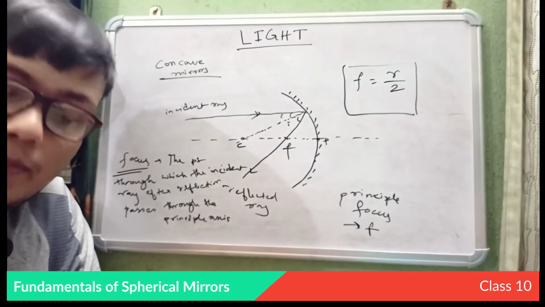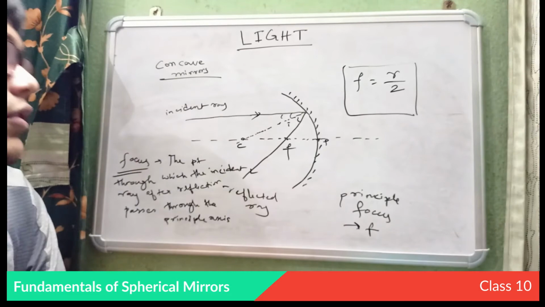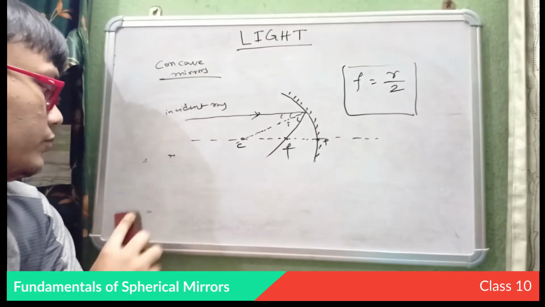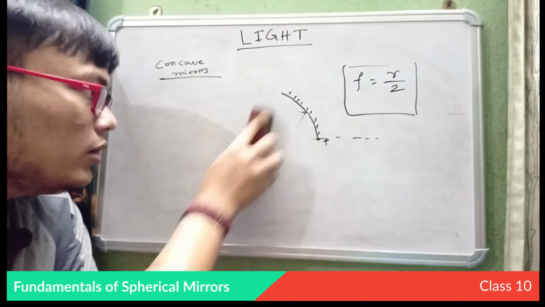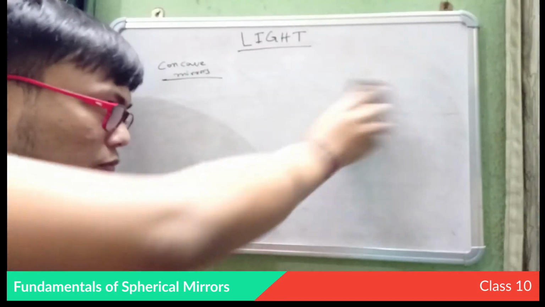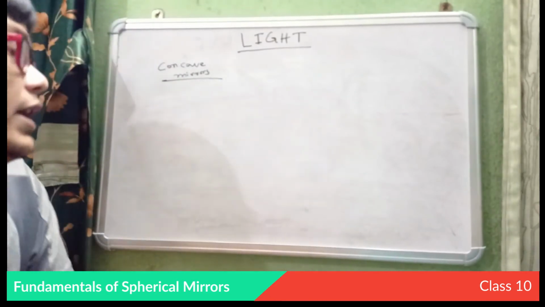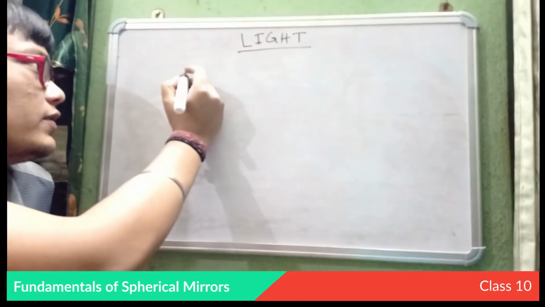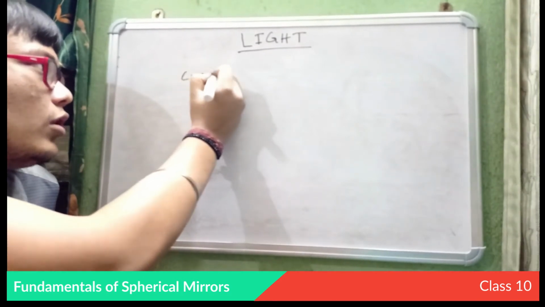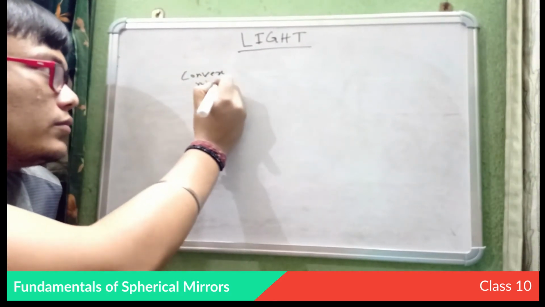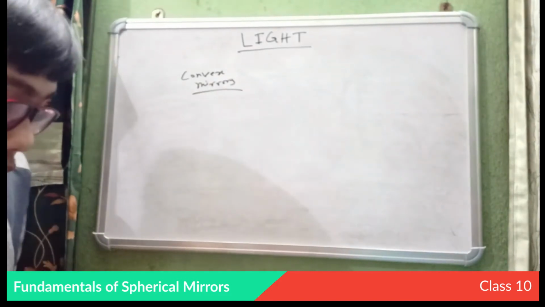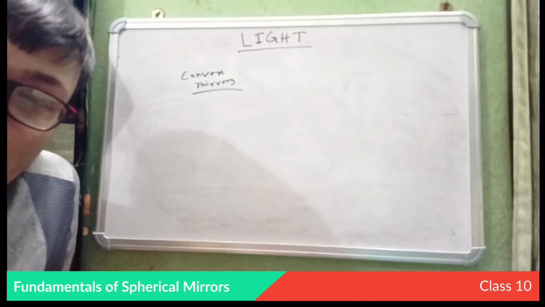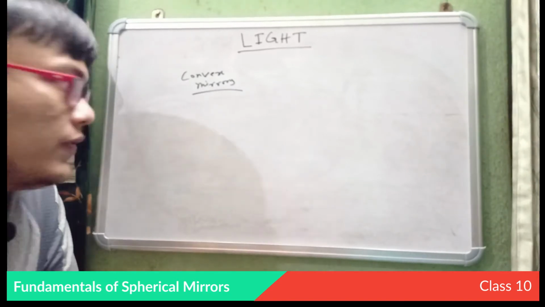Okay, now we will move on to a few scenarios. Before I move on, if I discuss it the same for convex mirrors, we will get something like this. Now for a convex mirror, the polished surface is towards the center of the hollow sphere, right?